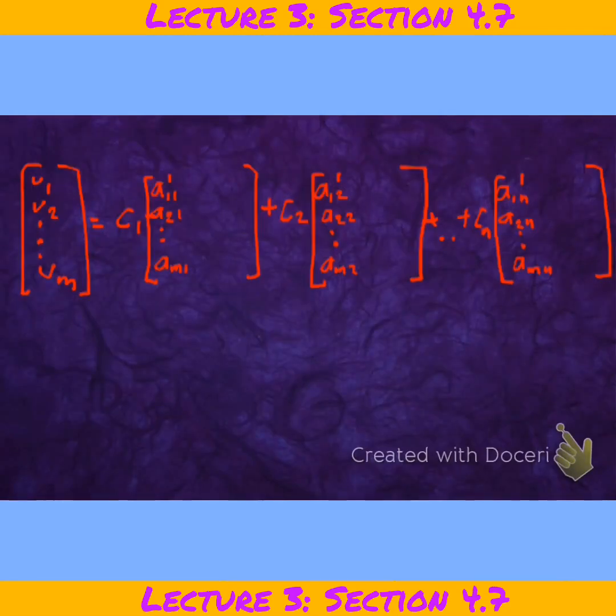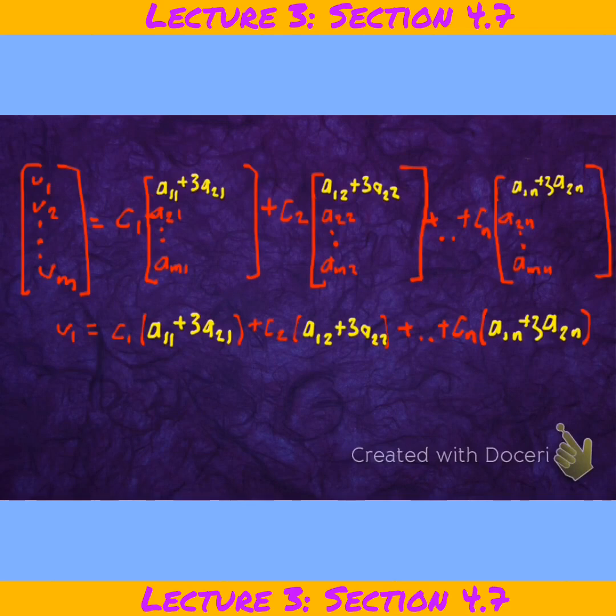Right, so in my original matrix equation, I do the substitution in the first row and get the following. So there we get the substitution. Again, V1 is equal to this whole term, that term there.